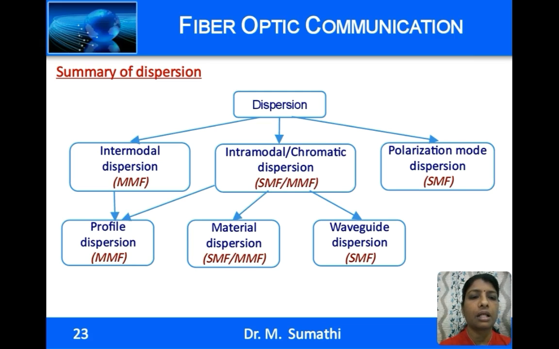So summarizing, for multimode fibers, intermodal dispersion and material dispersion are significant. For a single mode fiber, material and waveguide dispersions are important, and for long distance high bit rate transmission, polarization mode dispersion is also to be considered.